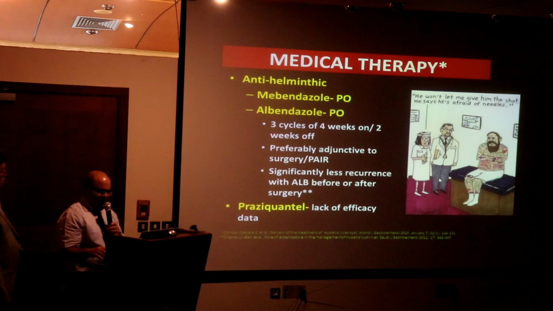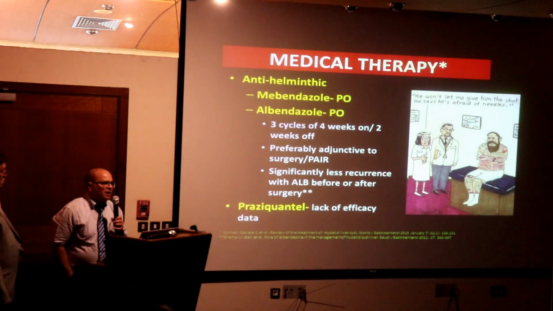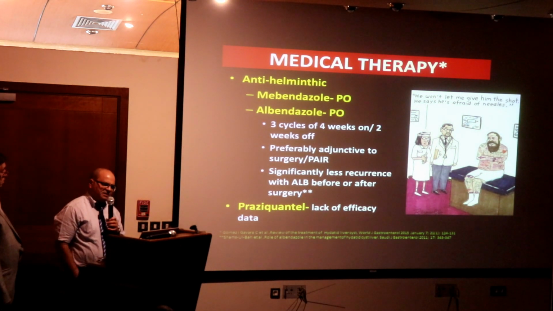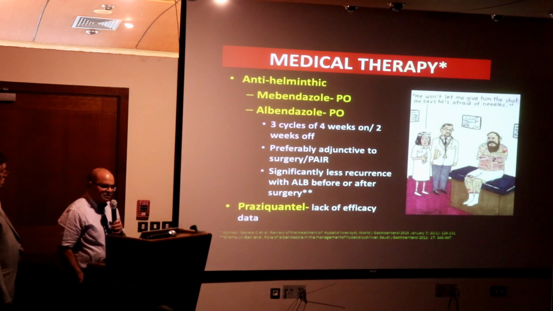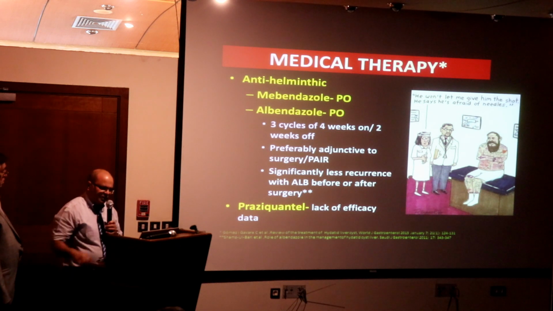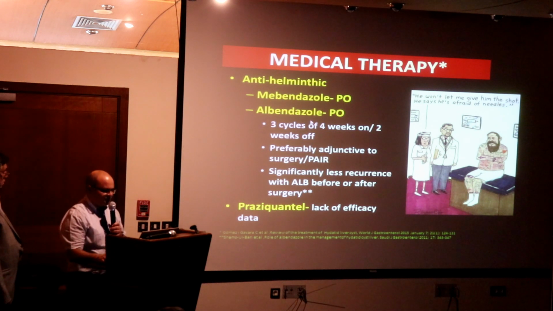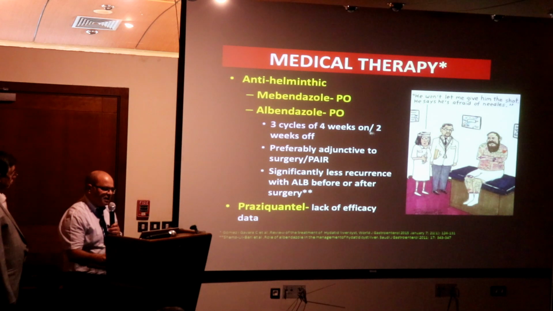And I'll generally tell you that apart from surgery, medical therapy consists of benzimidazoles, mebendazole, the older form, and albendazole, the newer, more standard of therapy nowadays. We typically give 3 cycles of 4 weeks on and 2 weeks off, and it's all oral, so people who are afraid of needles need not worry. Preferably given as adjunctive to surgery or PAIR.